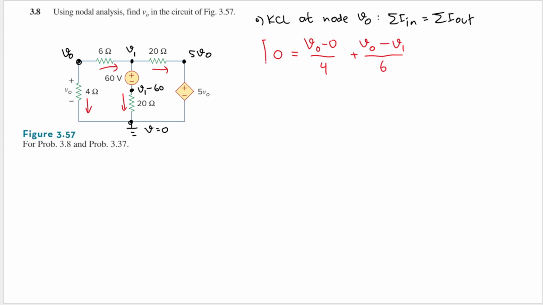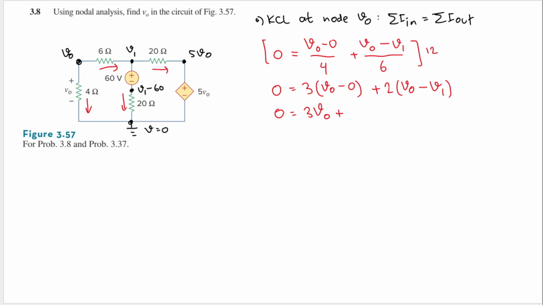I think we can multiply both sides by 12. Yeah, 12 is good. 0 multiplied by 12 is just 0. 4 and 12 will cancel into 3, so I will have 3V0 minus 0. And then plus, 6 and 12 will cancel into 2, so we will have 2 times (V0 minus V1).